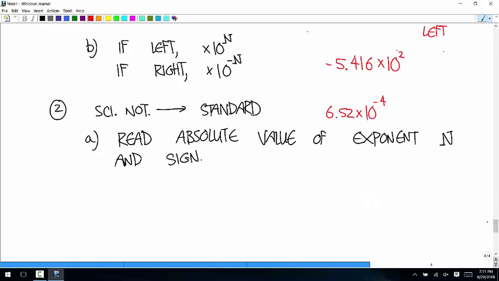So in this example, n is equal to 4, and the sign is negative.